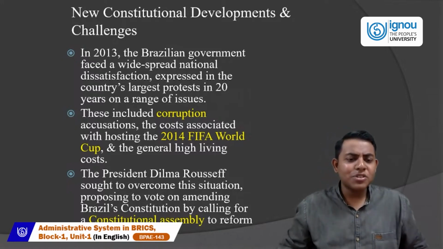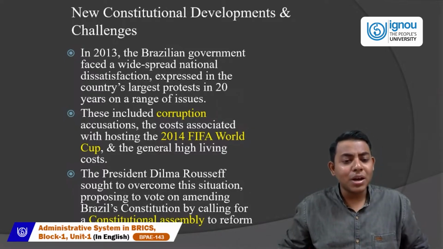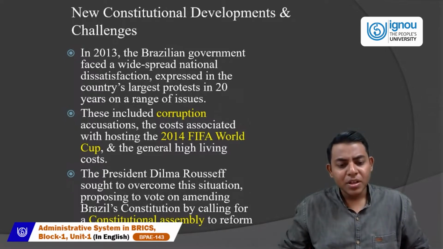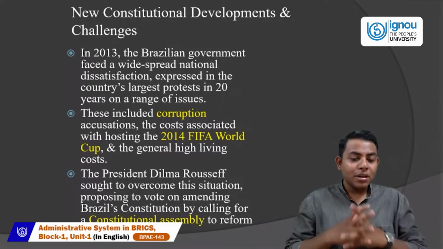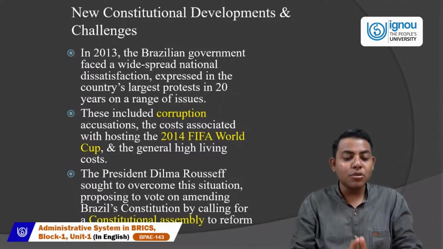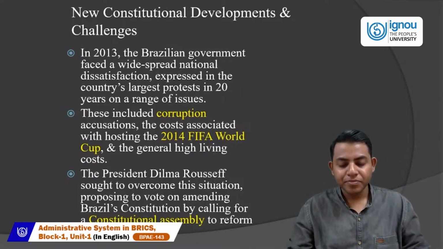They were corruption accusations, the costs associated with hosting the FIFA World Cup, and also the generally high living costs. The then president of Brazil, Dilma Rousseff, sought to overcome this situation by proposing a vote on amending Brazil's constitution by calling for a constitutional assembly to reform the political system.